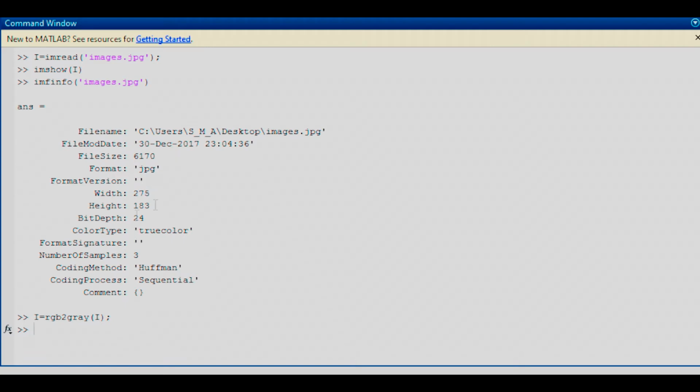Secondly, if you look at it in terms of a matrix, then the image is a matrix having 275 columns and 183 rows. And if it were a one-dimensional signal, then the image would have had 275 samples. So that's our image. Now coming on to the new screen so that we can begin our image processing.